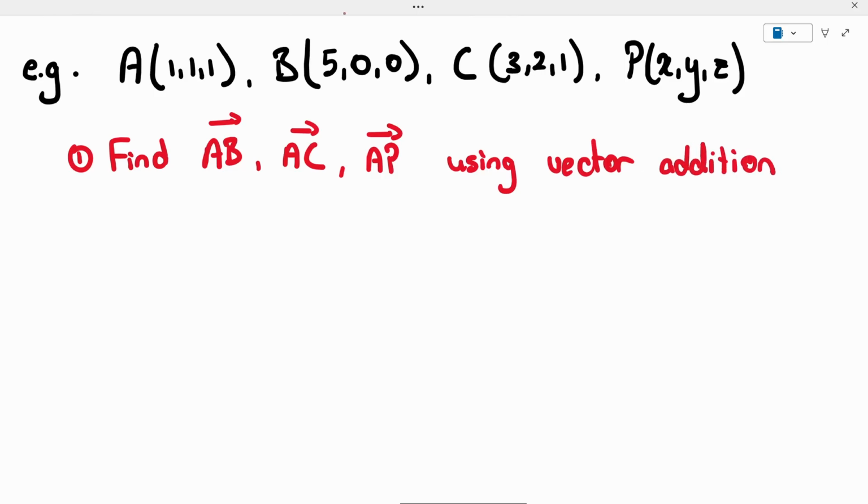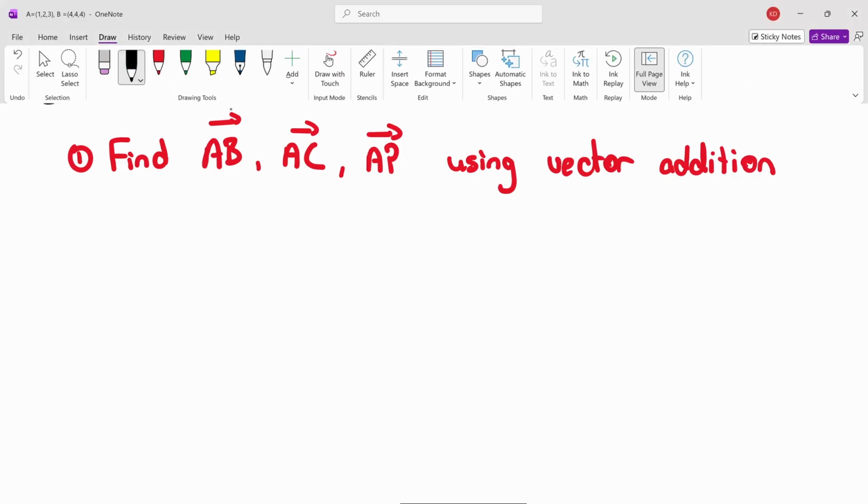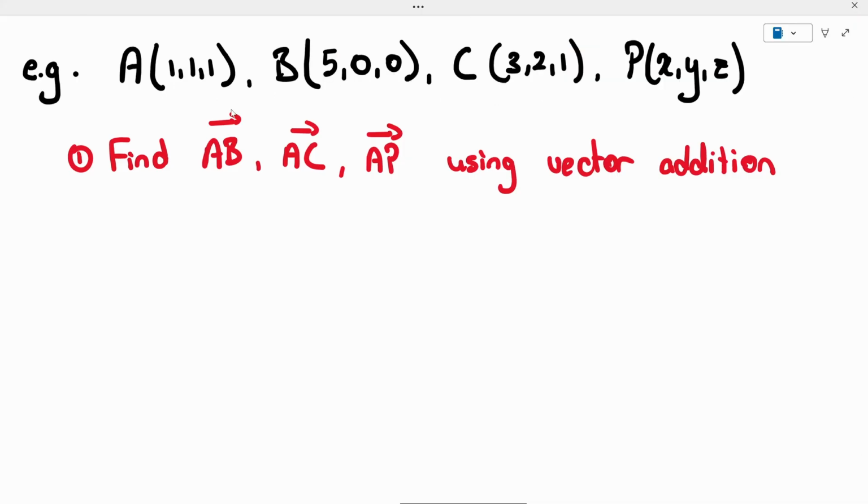Right? And just by the way, since these are points, we could turn a point into a vector using the position vector, and we could call it OA, which comes from 0, right? So 0 wouldn't have any additive effect, it is 1, 1, 1.